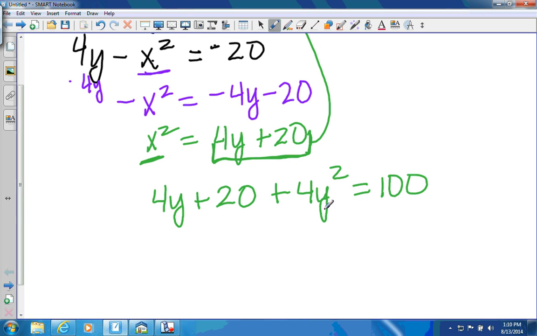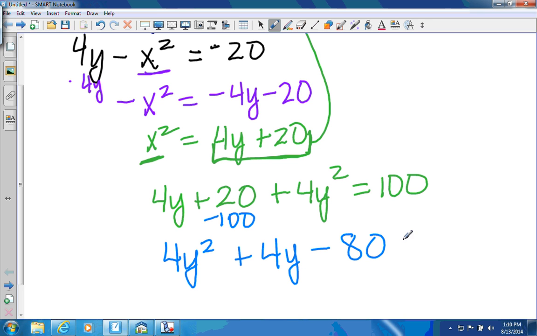Now, because we have both y squared and y, this is a quadratic equation, so we have to get everything to one side and get it in the proper form. Subtract 100, so it's 4y squared plus 4y minus 80 equals 0. Then you have to find the roots.